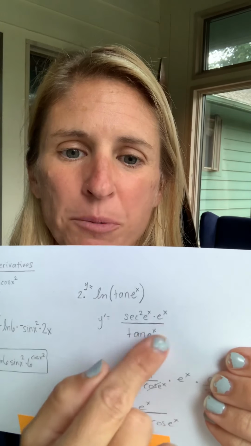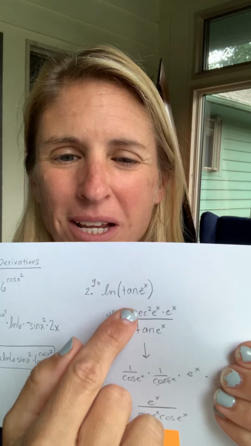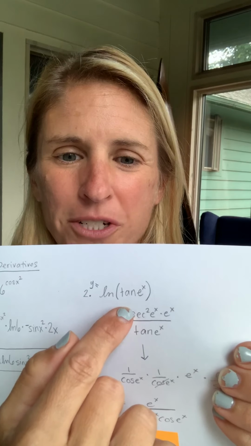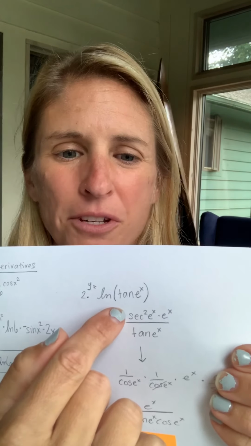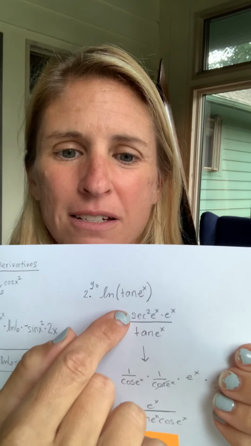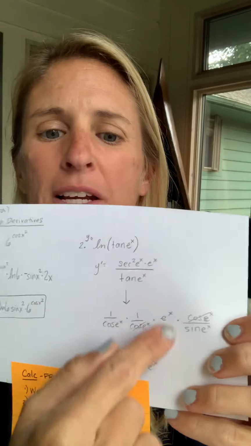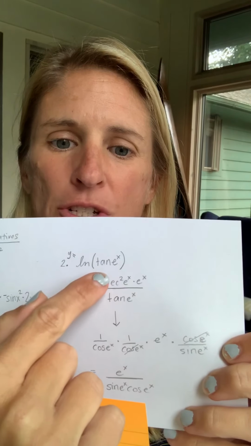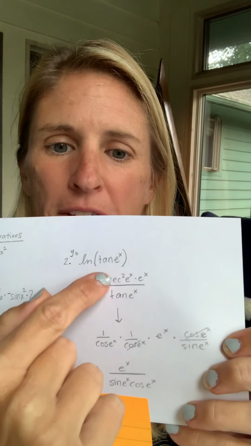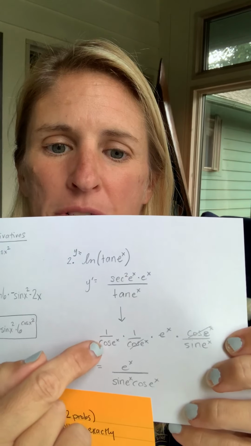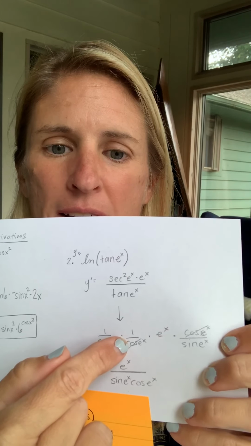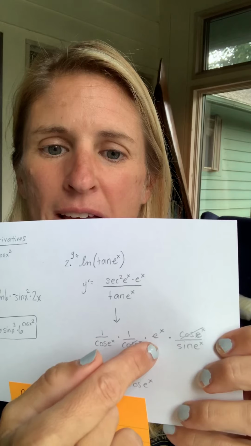This is a perfectly acceptable answer, but sometimes I like to go further and see, does this cancel some of my trig stuff out? So I went down here just to expand. Secant is 1 over cosine. So I have 2 of them: a 1 over cosine e to the x and another 1 over cosine e to the x. I have my regular e to the x.